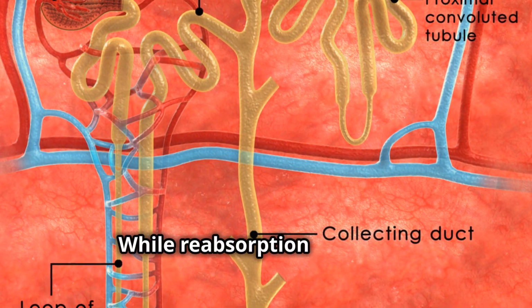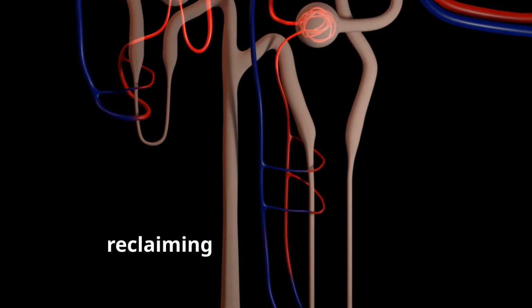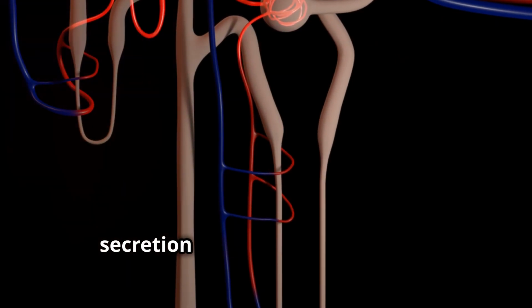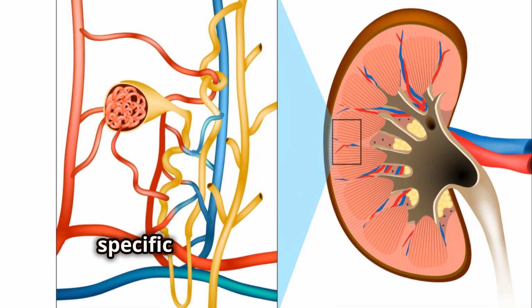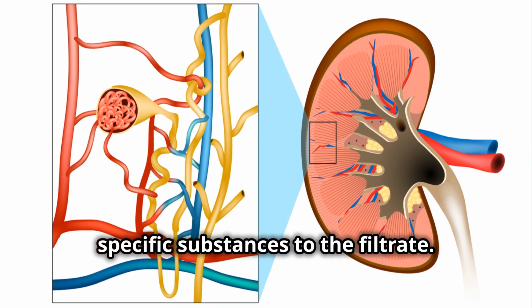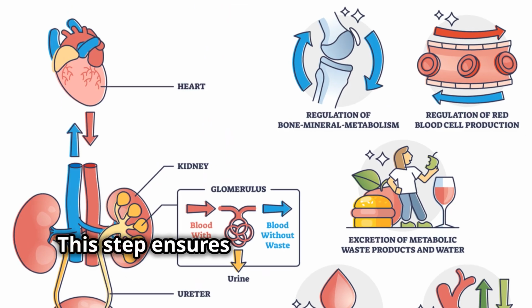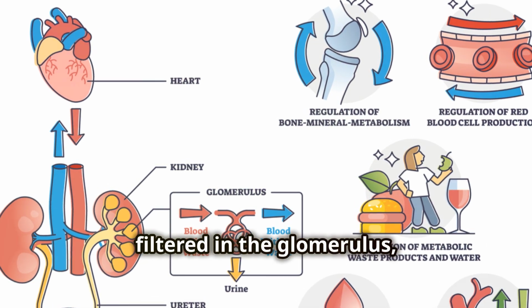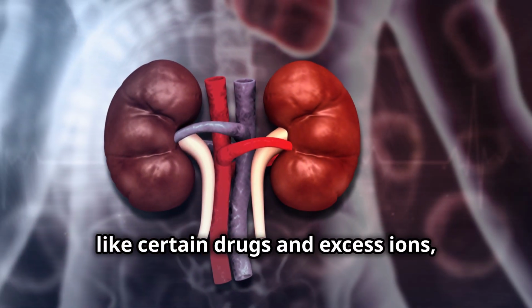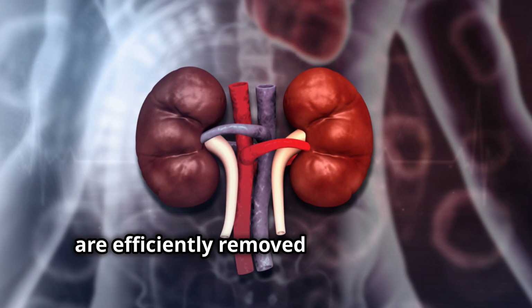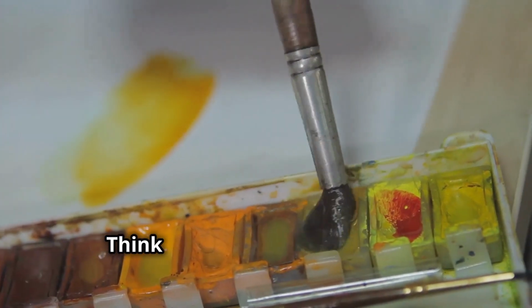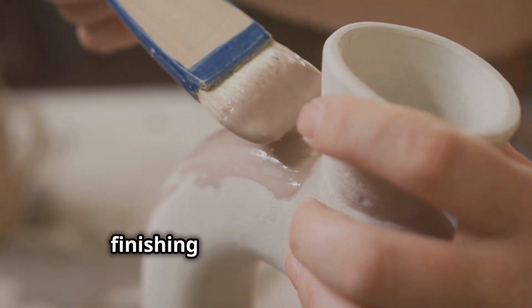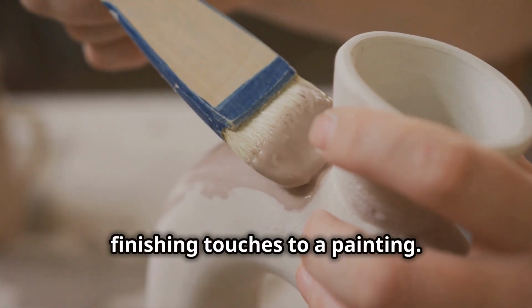While reabsorption is all about reclaiming valuable substances, secretion is the process of adding specific substances to the filtrate. This step ensures that waste products not filtered in the glomerulus, like certain drugs and excess ions, are efficiently removed from the body. Think of secretion as adding the finishing touches to a painting.